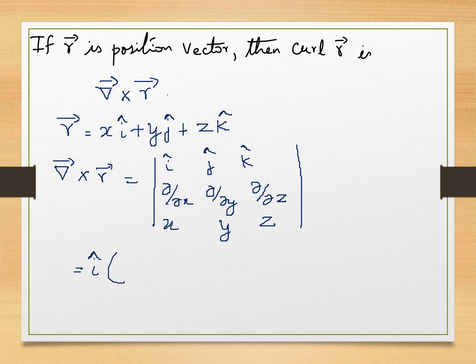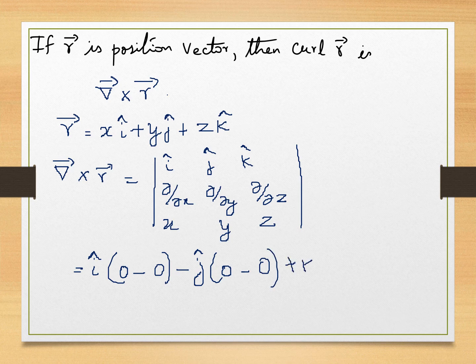Now if we find the determinant of it, what will we obtain? i cap into, we will note the first row and the first column, dou z by dou y, that is 0, minus dou by dou z into y, that is again 0. Second term, minus j cap, ignore the first row and the second column, dou by dou x into z, again 0, minus dou by dou z into x, again 0, because x can't be differentiated with respect to z.